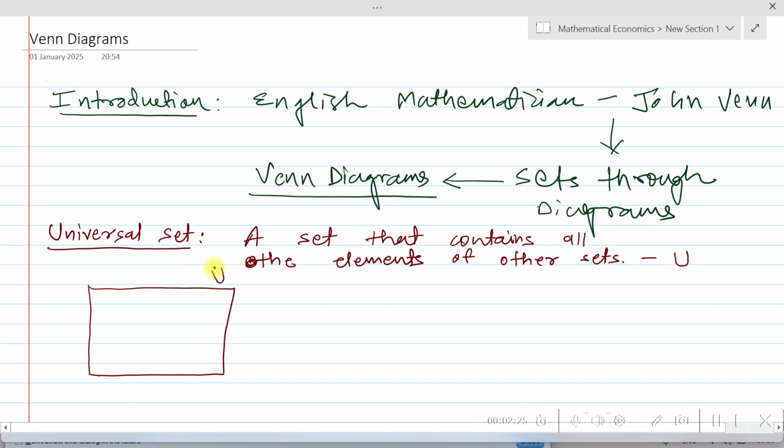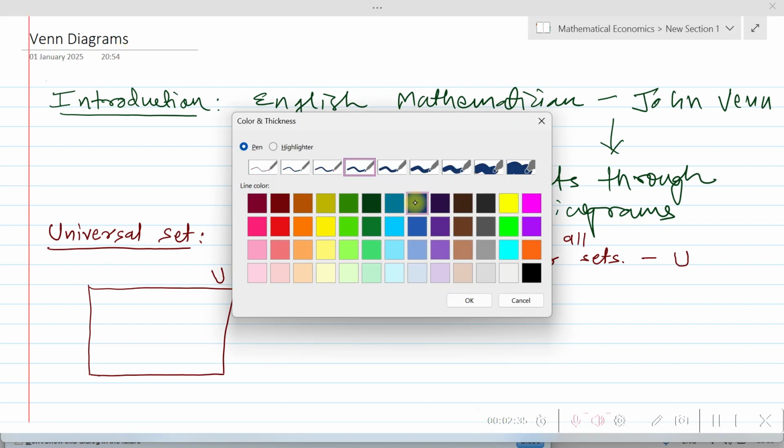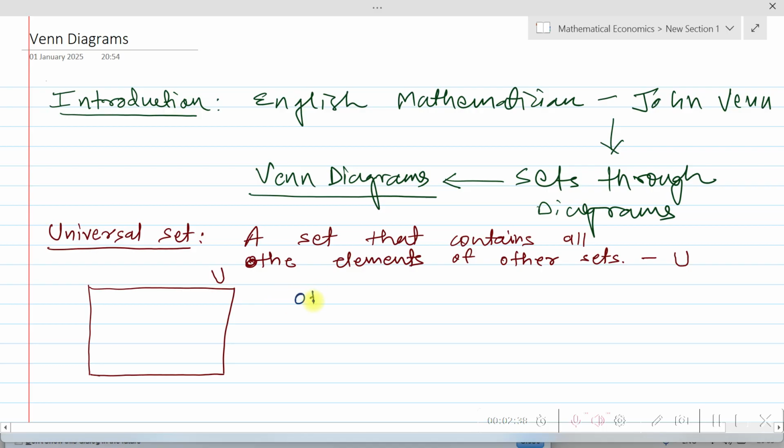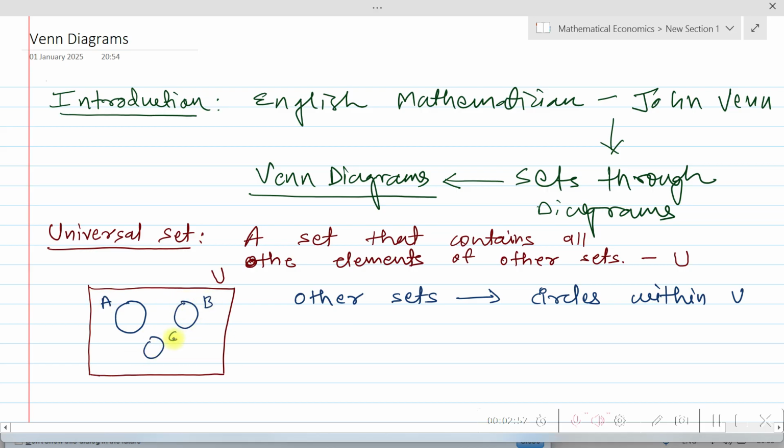So this is our universal set, and other sets are represented by circles within universal set. So suppose this is set A, this is set B, this is set C. This is how we represent the universal set and other sets.